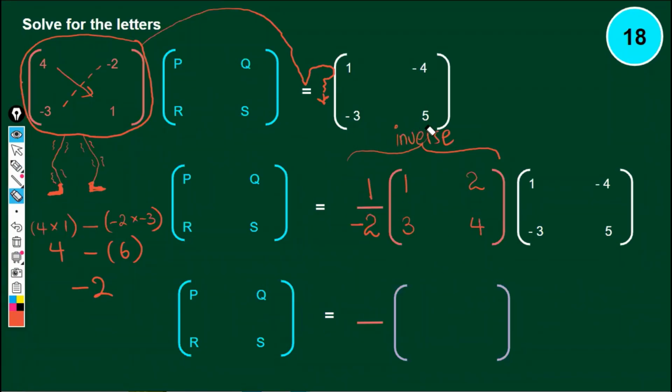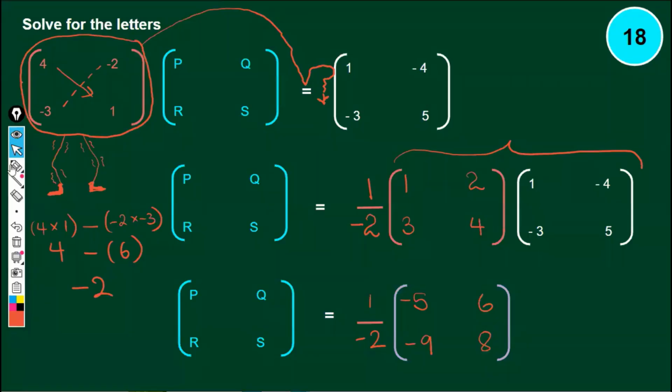So now I need for you all to take the pink matrix and multiply by the white matrix. And you're going to get 4 answers. When we get the 4 answers, then we will divide everyone by -2, and those will be the values of what? P, Q, R, and S. So it should be easy to complete from that point.